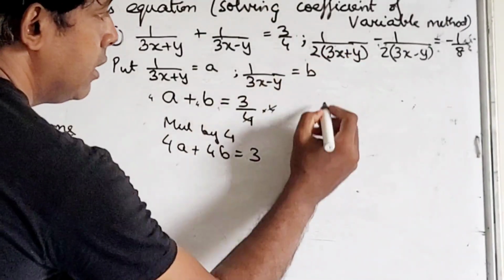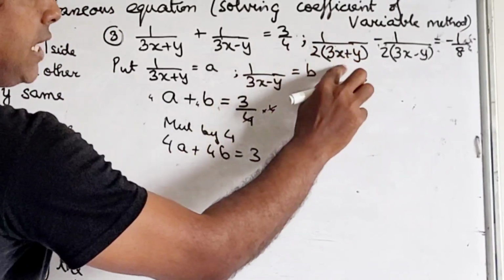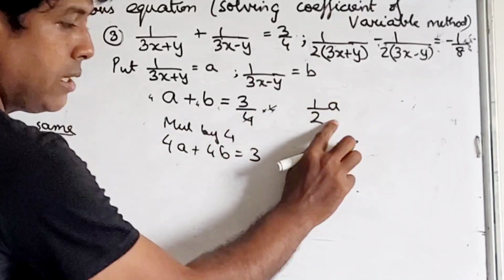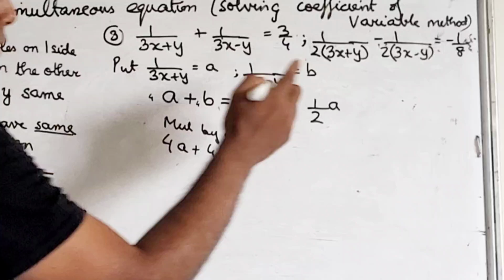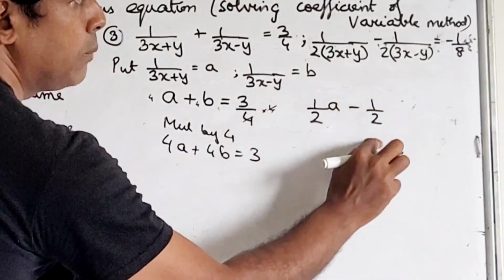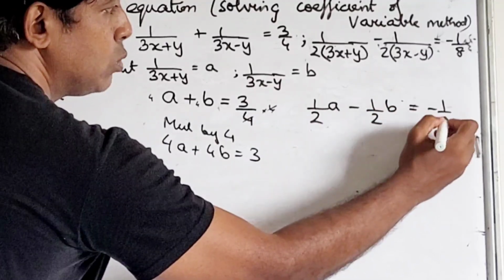Next one. So you see 1 upon 2 and 3x plus y. Don't get confused. It is 1 upon 3x plus y is a, and the next one is minus, there's a 2 over there, minus 1 upon 2 b, is equal to minus 1 upon 8.